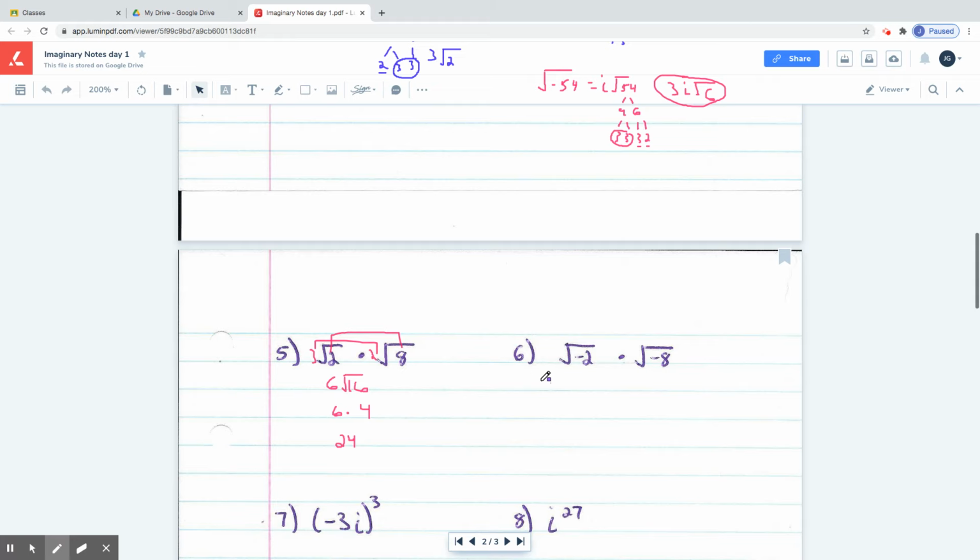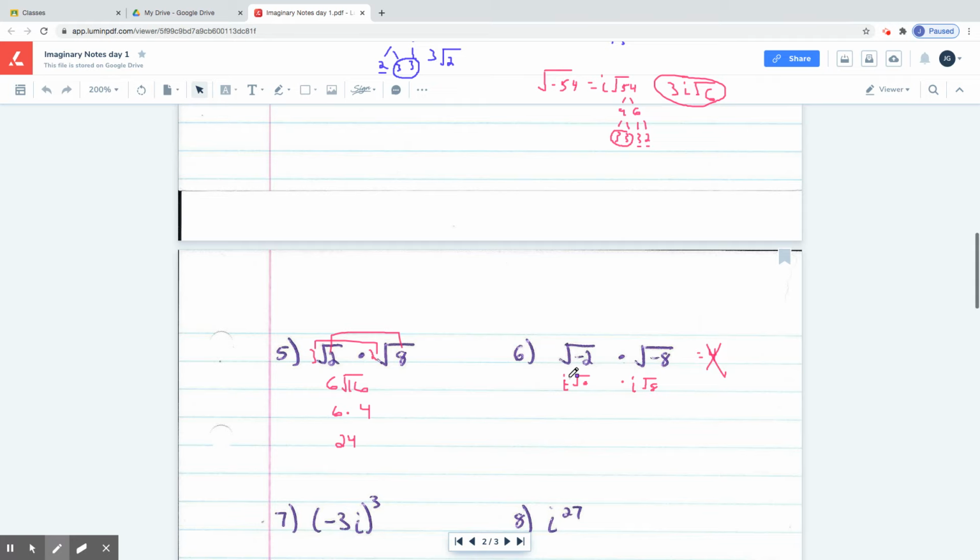All right. Now, when we have a negative in front, a common mistake is this, is that you guys are going to think, oh, negative 2 times negative 8 is positive 16. The answer is 4 because square root of 16 is 4. That is wrong. When you have a negative, before you do any of these operations, you have to pull out the I. So this is really I root 2 times I root 8.